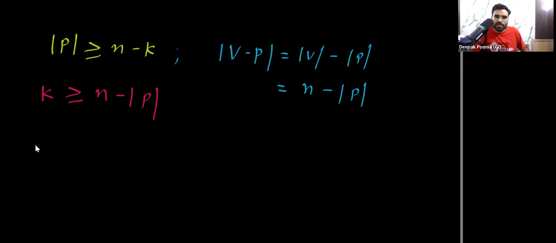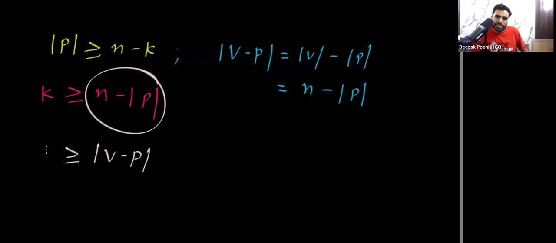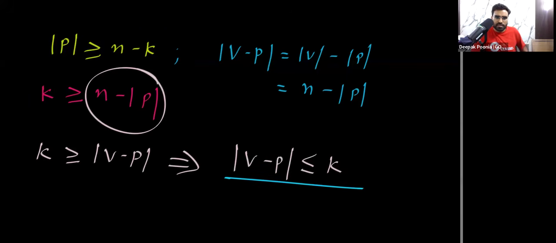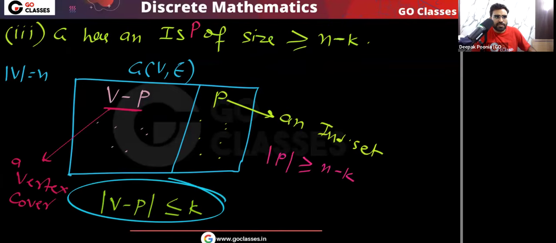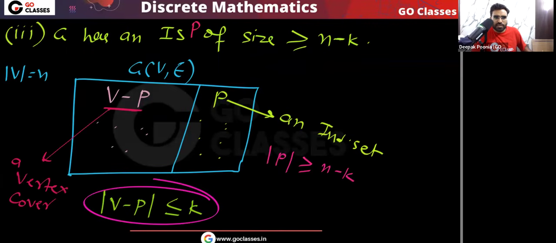So you can see that size of V minus P is less than or equal to k. Okay, so finally what we got? We got size of V minus P less than or equal to k. Is this clear? This is the same thing I'm writing here, that size of V minus P is less than or equal to k.